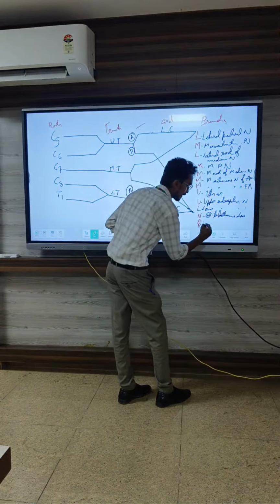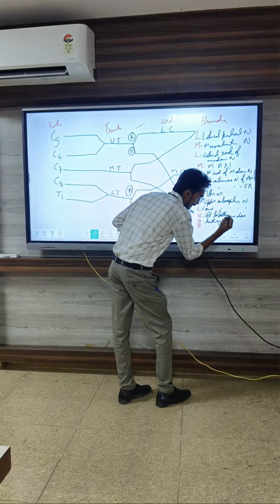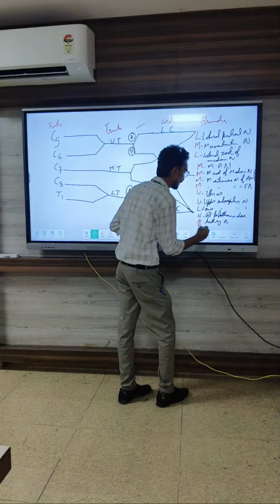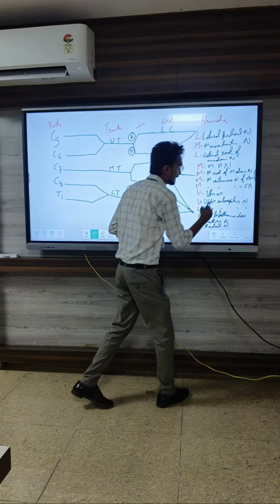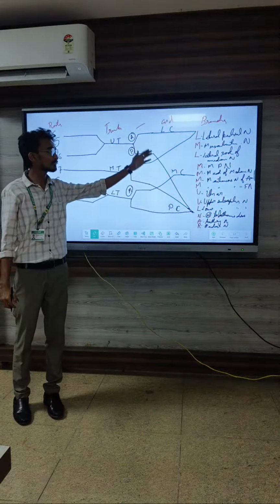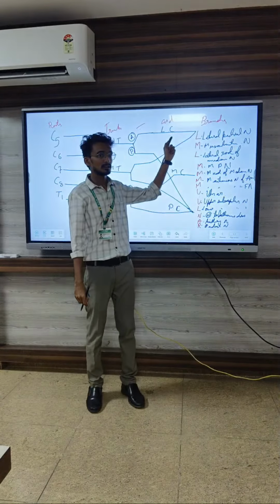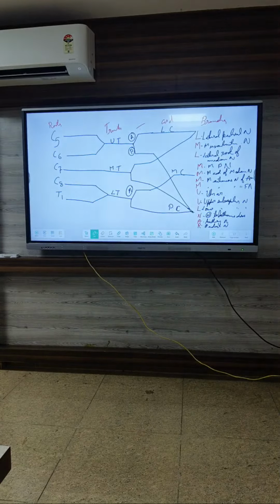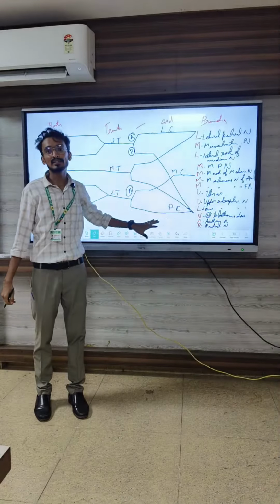A stands for axillary nerve. Then last, finally, R stands for radial nerve. These were the branches from the cords. Once again, I'll say them. These were the top branches.